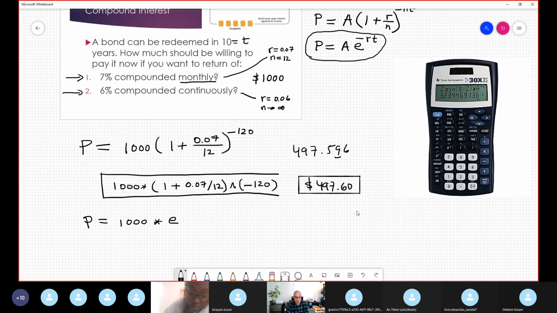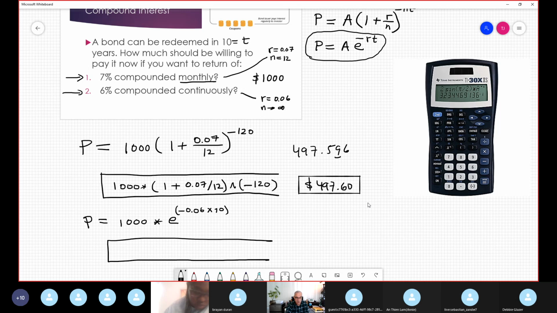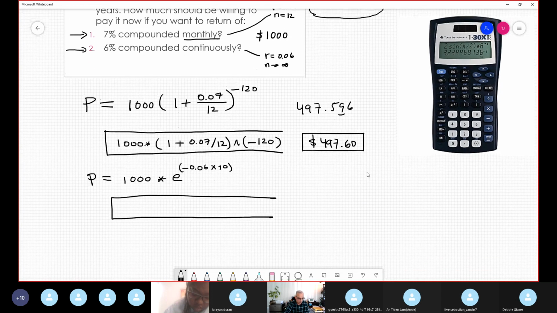So you put parentheses here, minus 0.06 times 10. And the display of the calculator would be, let me see, 1000 multiplication again.